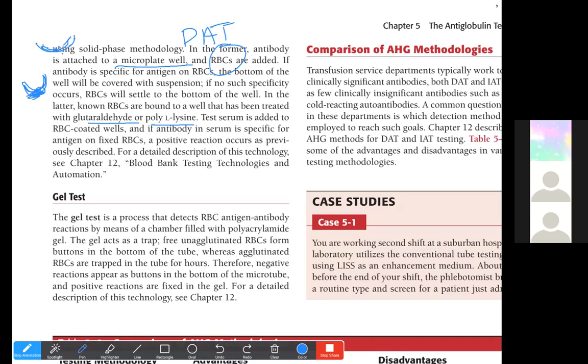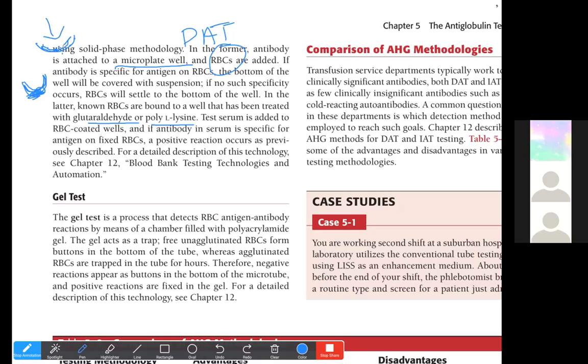And when the AHG reagent is added, if the antibody in serum is specific for antigens, a positive reaction occurs as previously described.